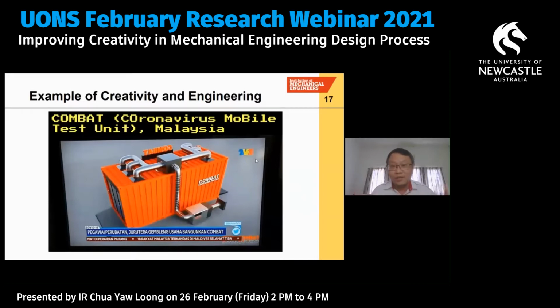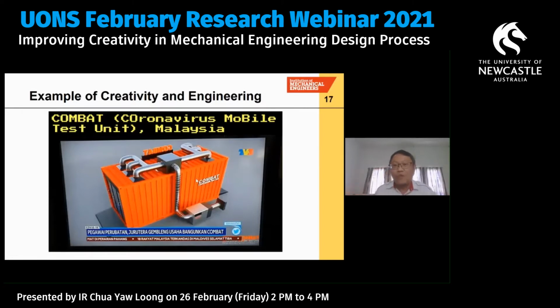This unit uses a container, the normal container that you see in the port. They modified it with proper ventilation and proper insulation, where the doctors and nurses enter from one side, and there is an insulated divider. There is no direct contact with the so-called PUI, the patients under investigation, who come in from the other side, and then they do the swab test.